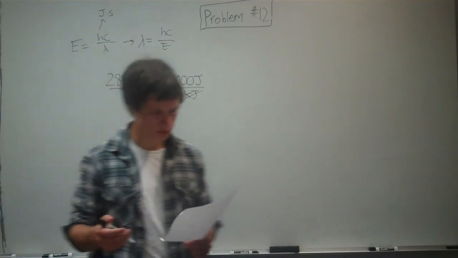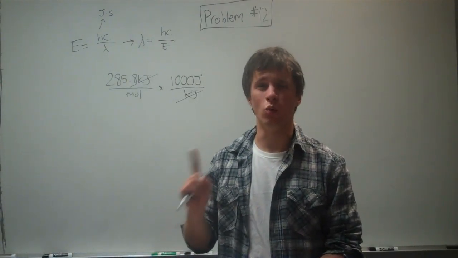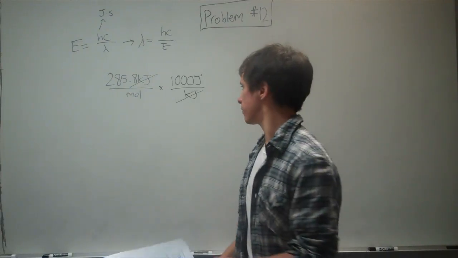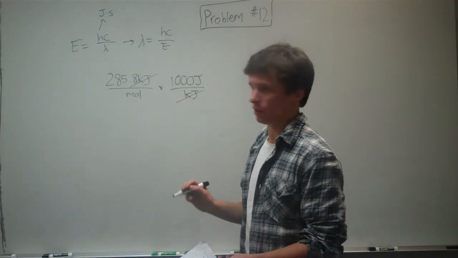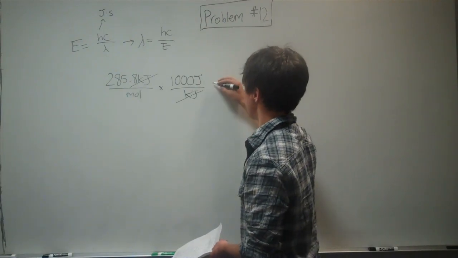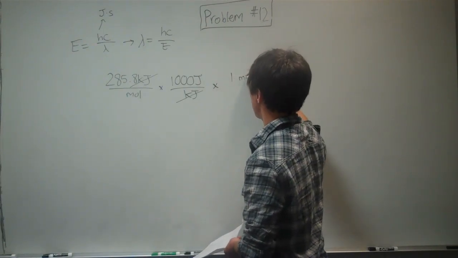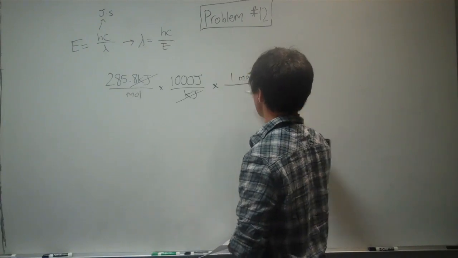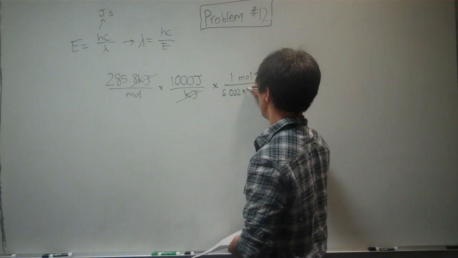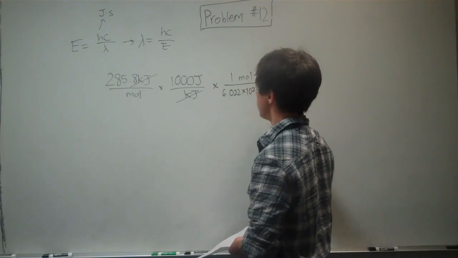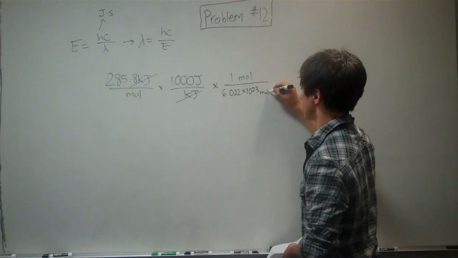However, we want to calculate the wavelength for the energy to dissociate one molecule of water. So we have to convert these moles to molecules. So just remember that in every 1 mole there are 6.022 times 10 to the 23rd, or Avogadro's number, molecules.